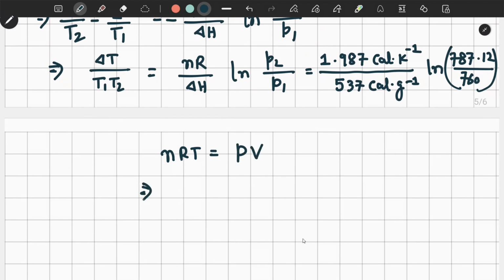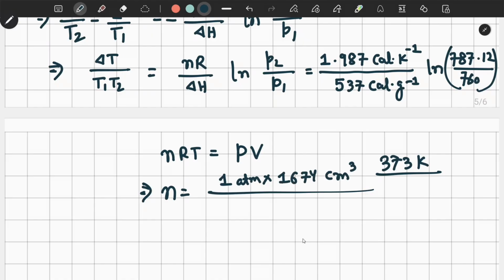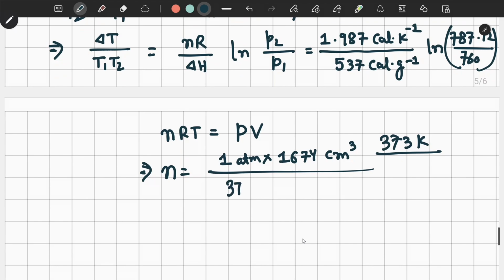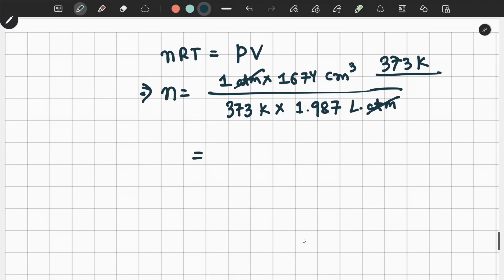Okay, this is for gas. If you put 373 Kelvin, then n will be, pressure is 180, volume is, this is ATM. That's why something is missing. Otherwise, why would they give that data? R is 1.987, and in liter ATM units, centimeter cube.